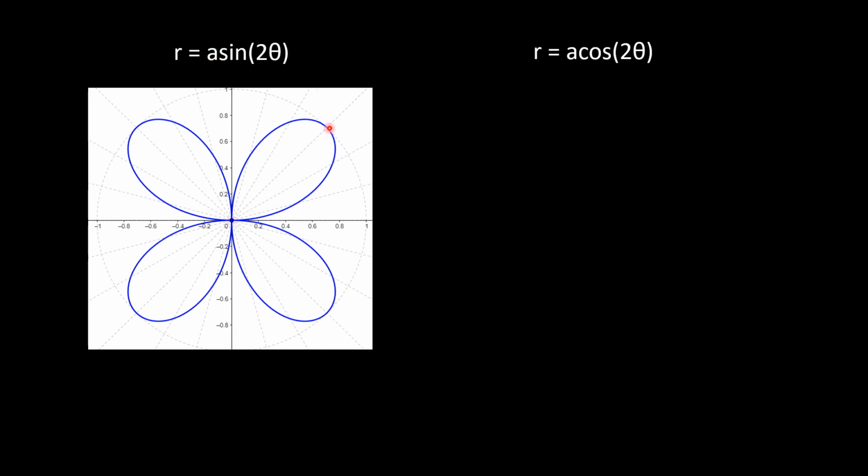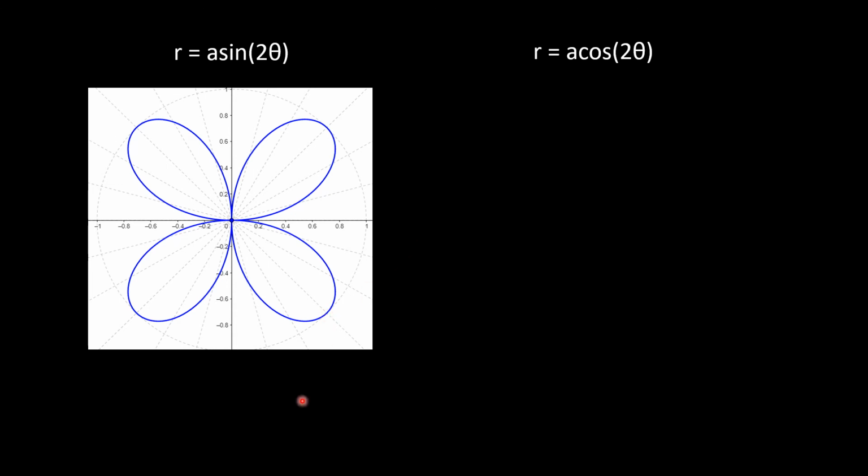So the value of r is maximum when theta is 45 degrees. And by symmetry, notice that we'll be getting the same maximum value for r equal to a when the angles are 135, 225, and 315 degrees.